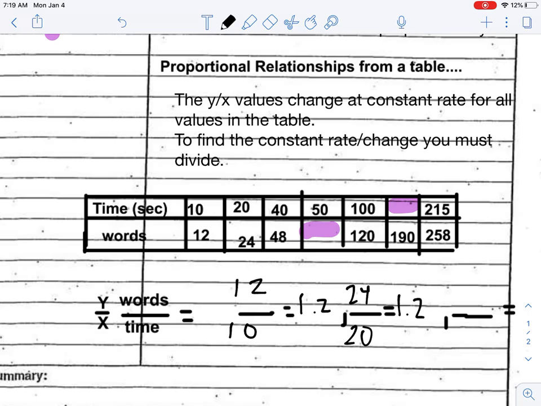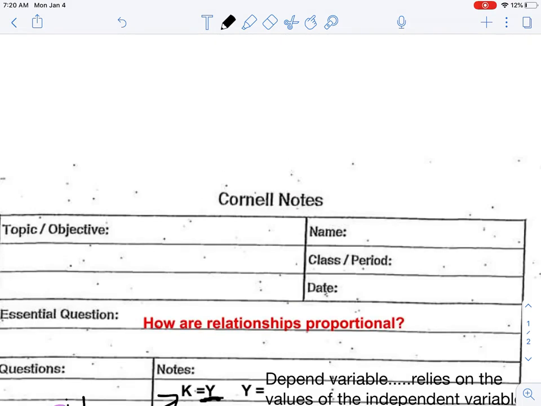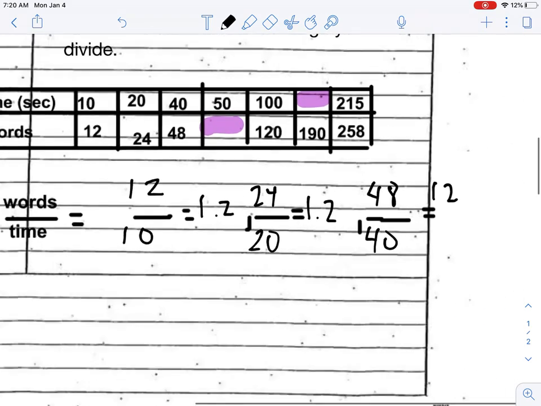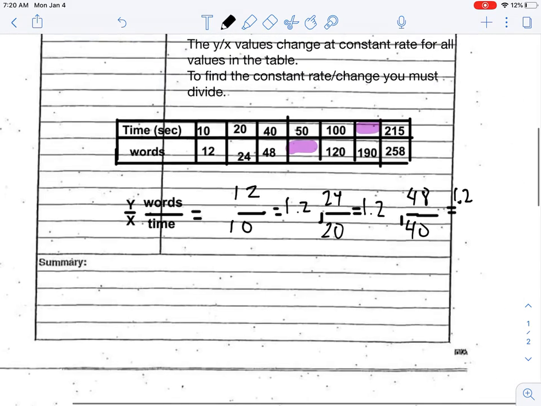If we do 48 divided by 40, we should get 1.2, and we do. Now, we can check 120 divided by 100, and again we get 1.2. We don't know the value for 190, but if we do 258 divided by 215, we're also going to get 1.2. So in this case, this table has a constant change of 1.2.